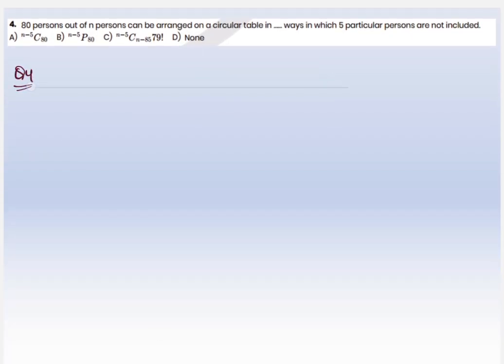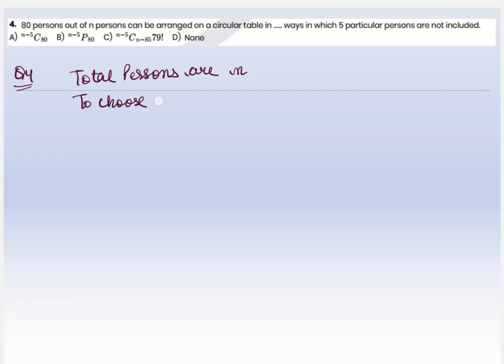Question number 4. 80 persons out of n persons can be arranged in a circular table in dash ways in which 5 particular persons are not included. So total persons are n. And how many to choose? To choose 80 persons.